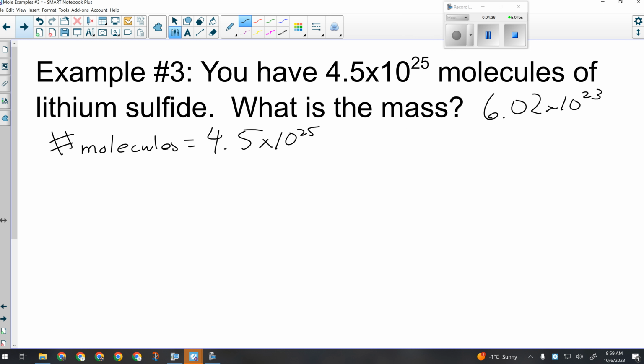And it is lithium sulfide. Is that an ionic compound? What do I need to do with it? So that's a -2, that's a +1.